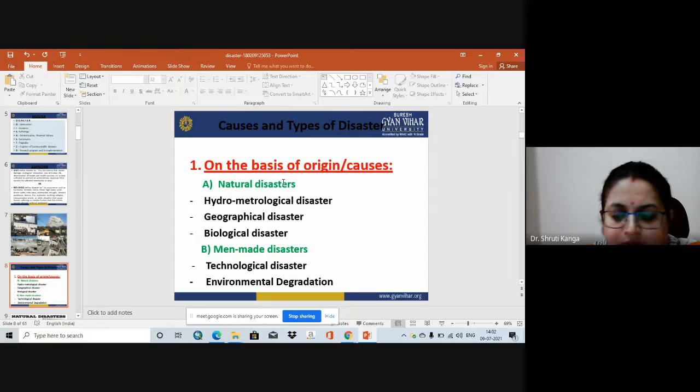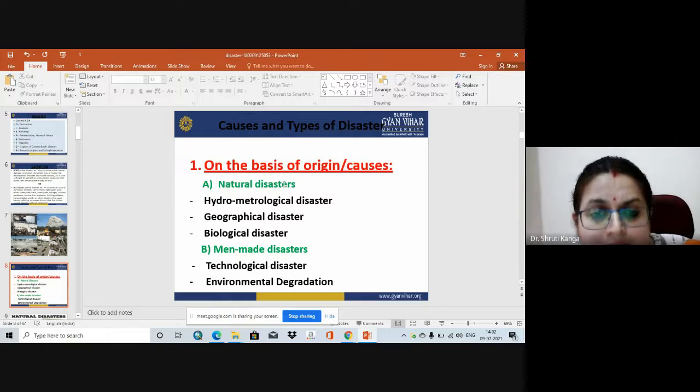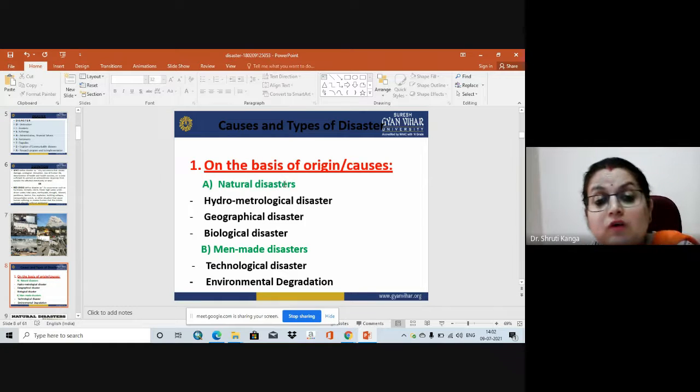Natural means we cannot help it from happening. What we can do is go for preventive measures so that the losses which may take place due to a particular flood can be reduced.